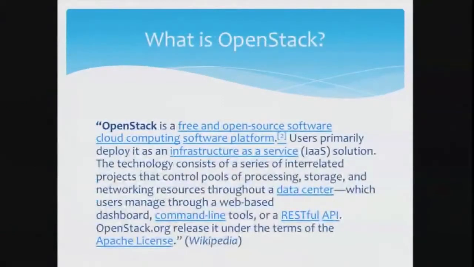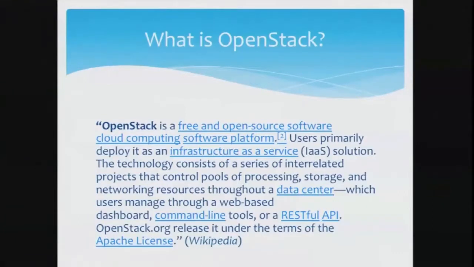So this is something I picked up from Wikipedia. What I want to focus on here is that we are providing an infrastructure as a service cloud. There are basically three different types of clouds that are available to people: SaaS, PaaS, and IaaS. SaaS, or software as a service, would be something like Gmail or Google Apps.